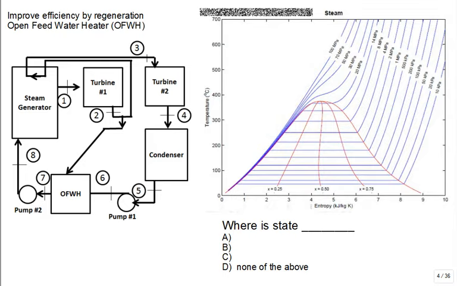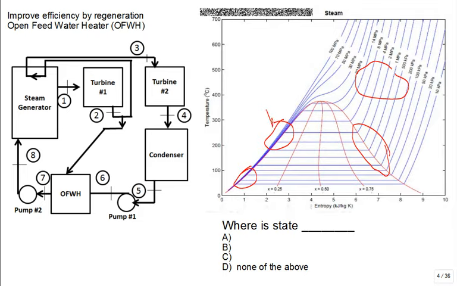Here's some questions. On this temperature entropy diagram, where is the state? And let's do this. I'll kind of show an area, this area up in here, this area over in here, this area over in here, or this area over in here.